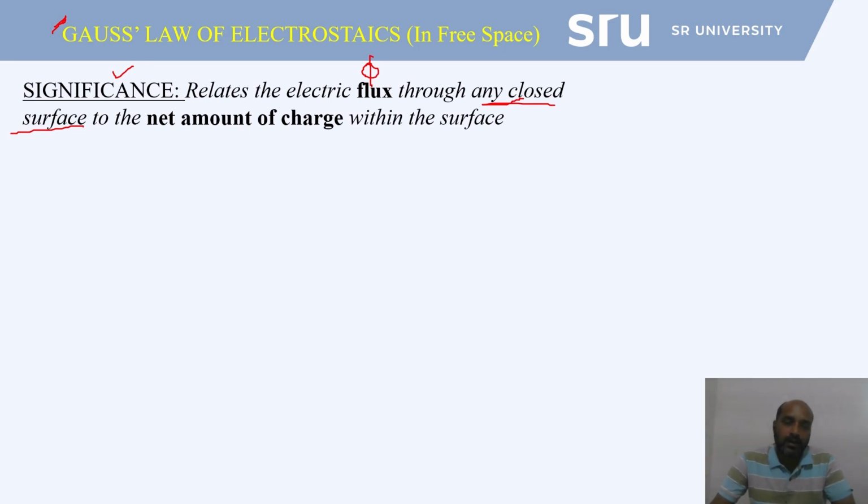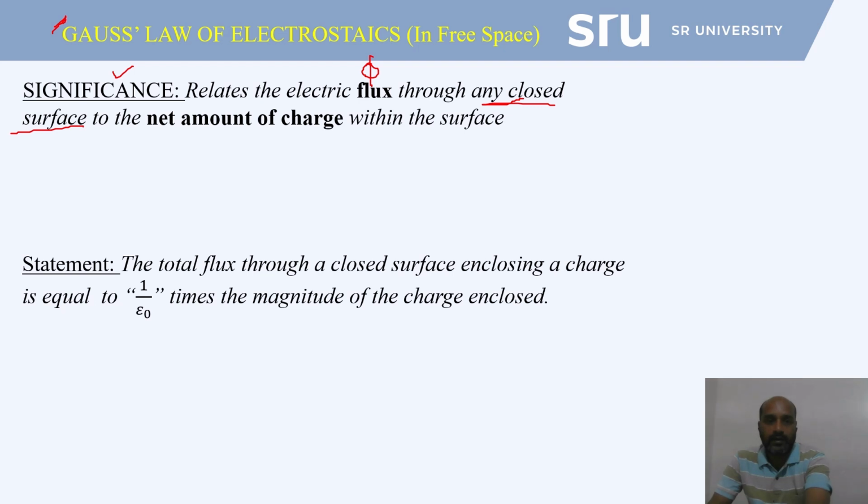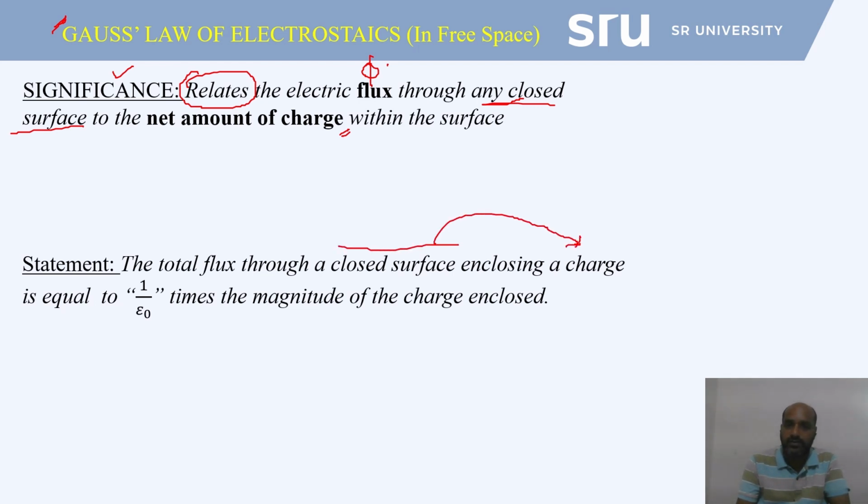What is that exact relation between the flux and the charge? The total flux through a closed surface enclosing a charge is equal to 1 by epsilon times the magnitude of the charge enclosed.